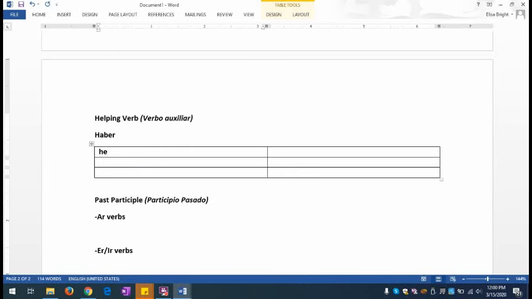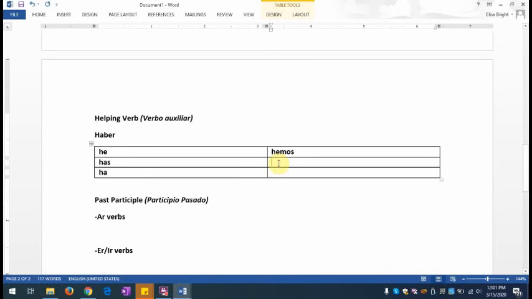Repitan, por favor. Repeat after me. He. You have is has. Class A, has. No giggling out there. We're not saying a bad word. This is a different language. Okay, and then for he has or she has, or formal you, usted has, we've got ha. Class, ha. Okay, we have, hemos. Repitan, hemos.